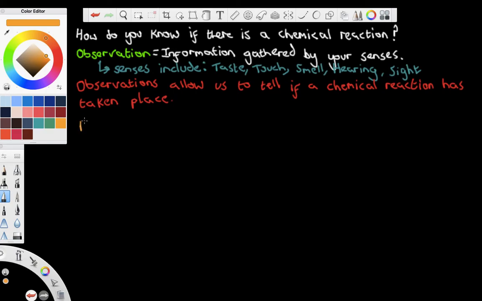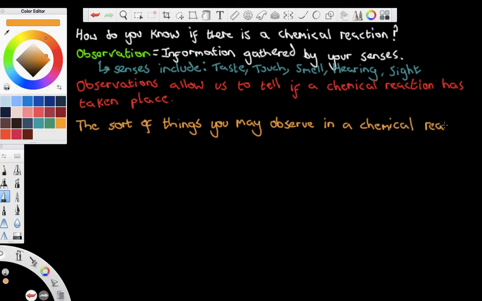So we can put the sort of things you may observe in a chemical reaction include: you might see flames, so seeing flames or sparks.